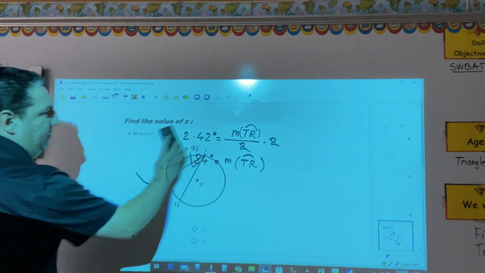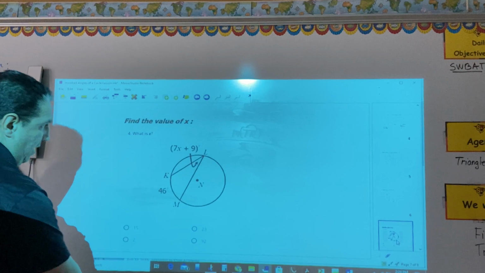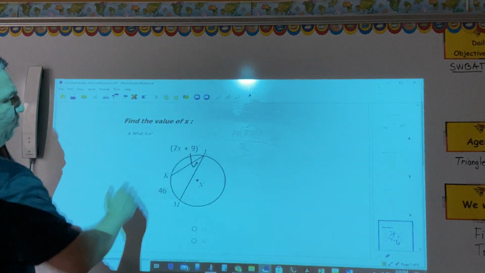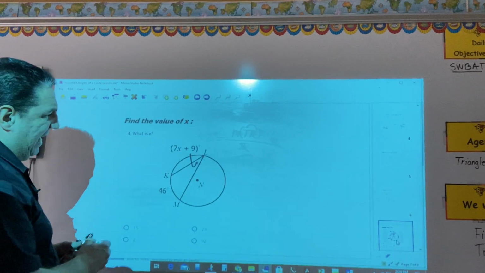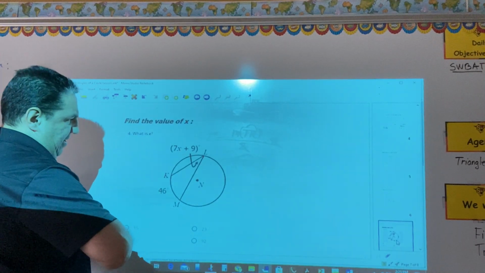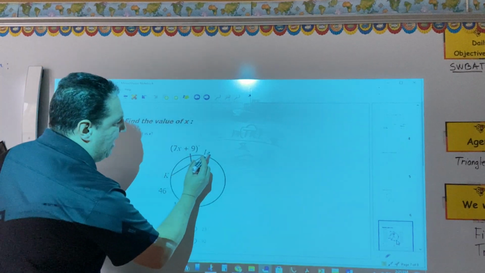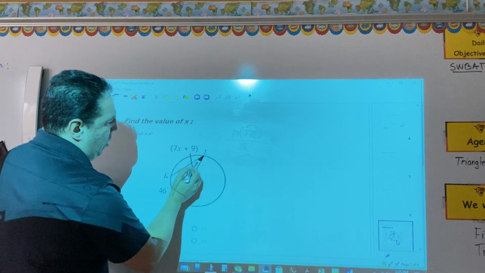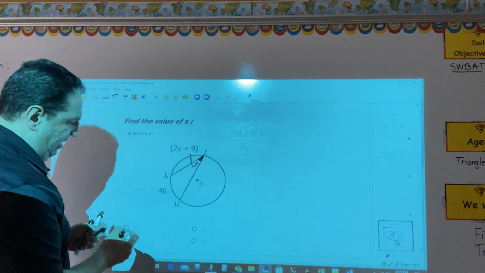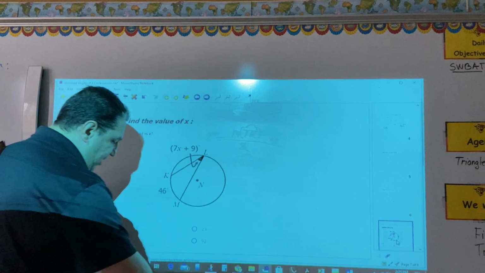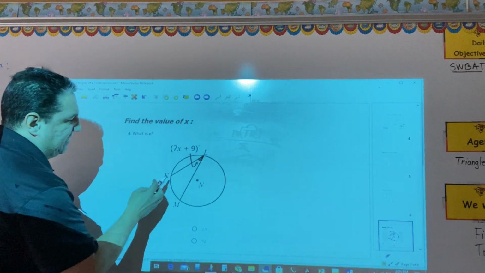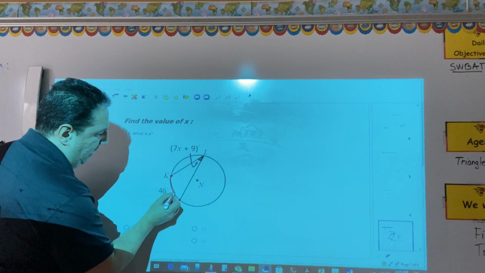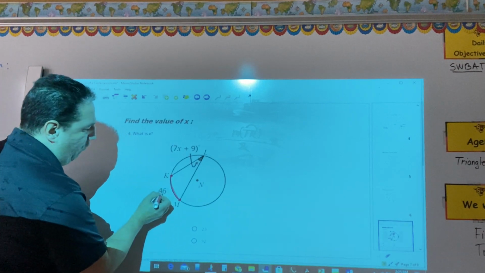Another example. In this example, it says find the value of x. So here we have the measure of the inscribed angle, which is 7x plus 9, and its intercepted arc has a measure of 46 degrees.